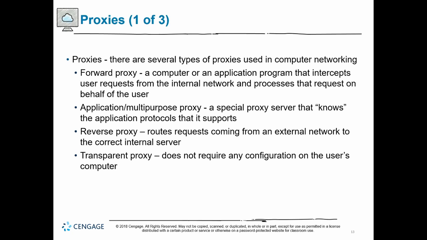So if one of your internal servers needs to talk out to an external resource outside of your network, you put something in front of it, so it's server to server rather than computer to server. Forward proxy is kind of like a computer to server application.